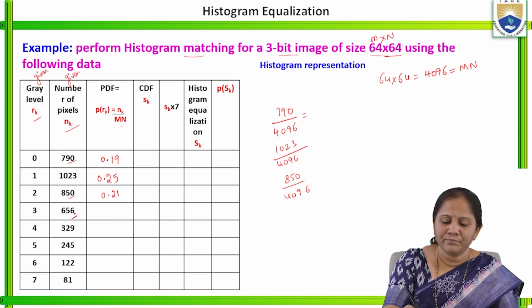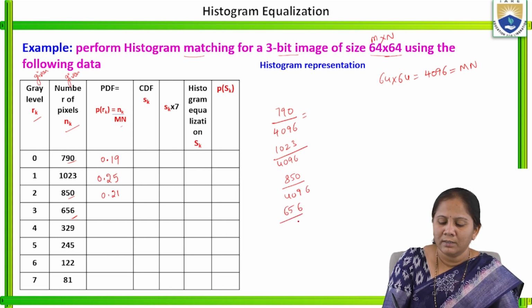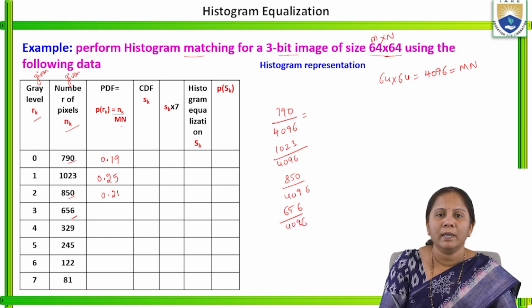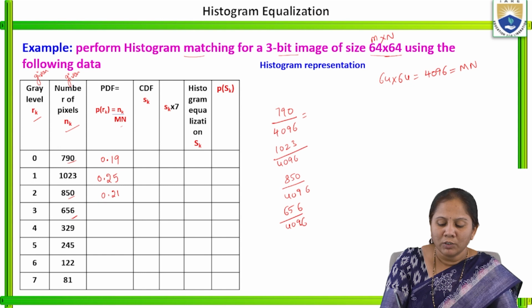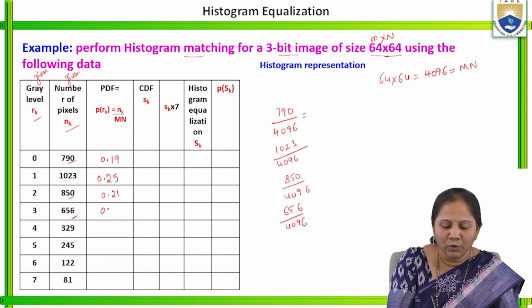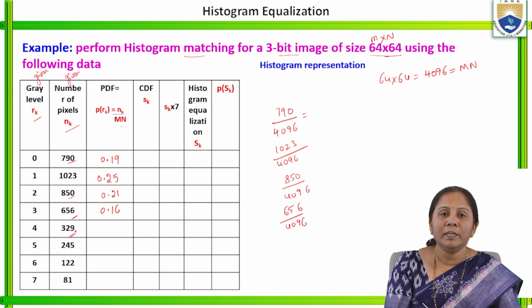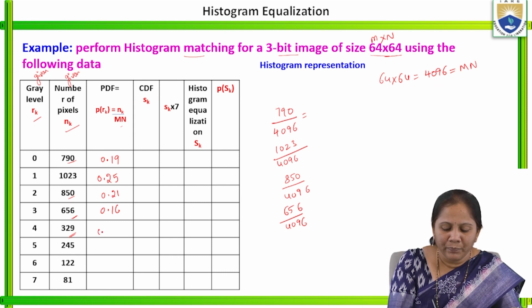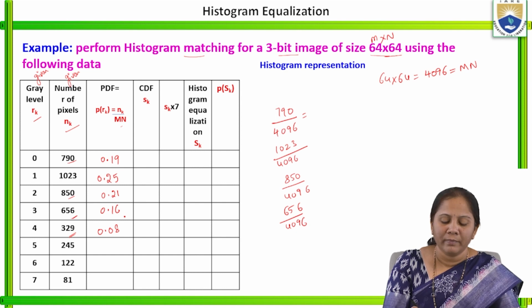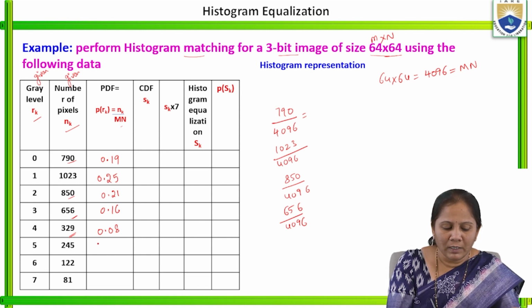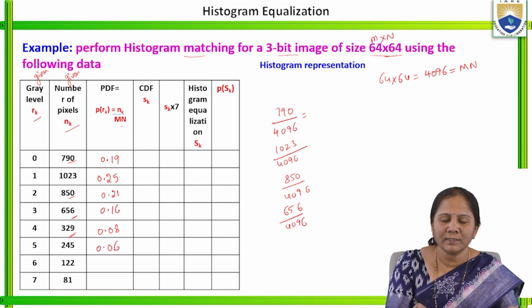And the next Nk value is 656. 656 by 4096, where 4096 is MN, so the result is 0.16. Similarly, 329 by 4096 will be 0.08. The next Nk value is 245 by MN, that is 4096, so the value is 0.06.